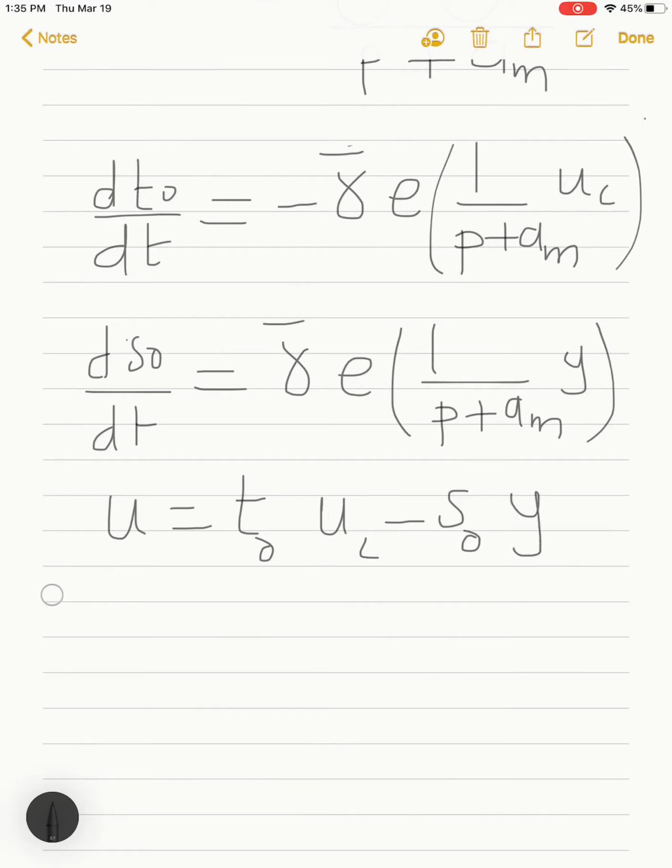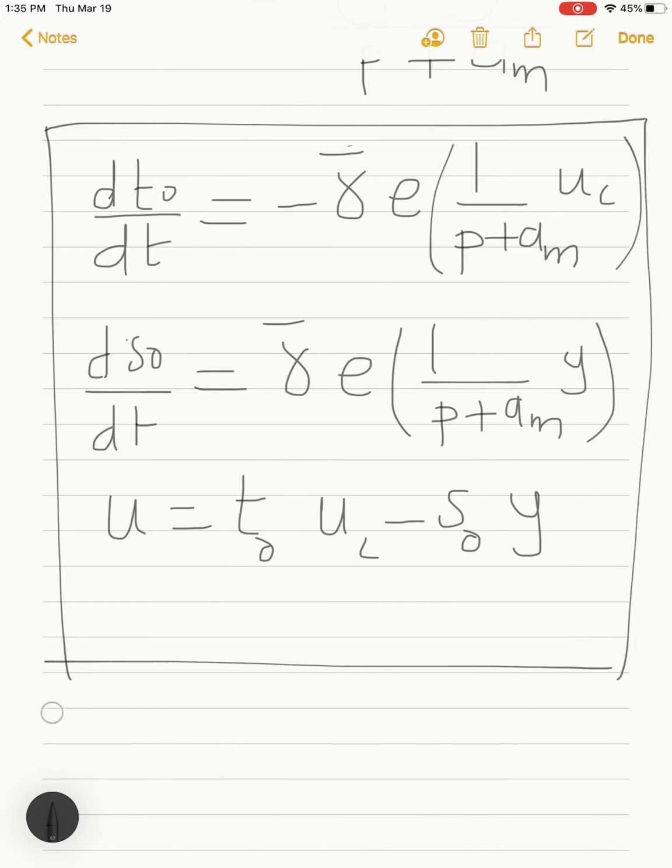So this is the complete set of equations that can be used to implement the required adaptive control.